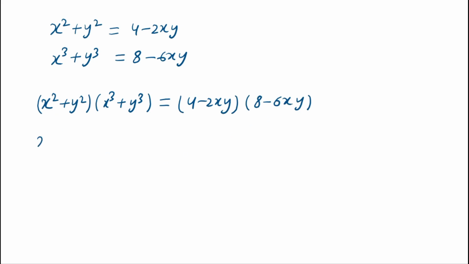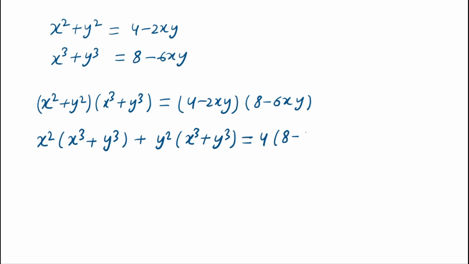Left hand side: x square multiplied by x cube plus y cube, plus y square multiplied by x cube plus y cube, and this equals 4 multiplied by 8 minus 6xy, minus 2xy multiplied by 8 minus 6xy.